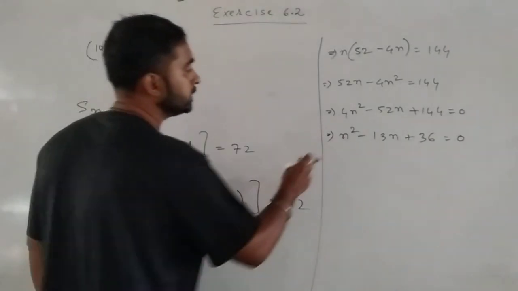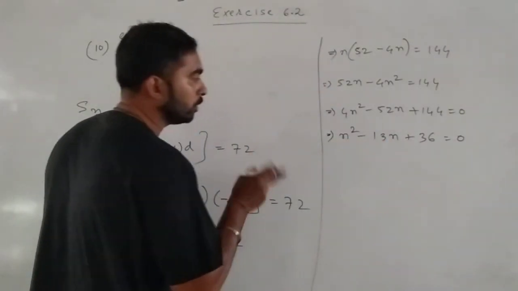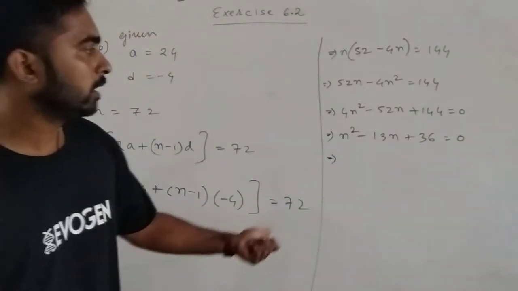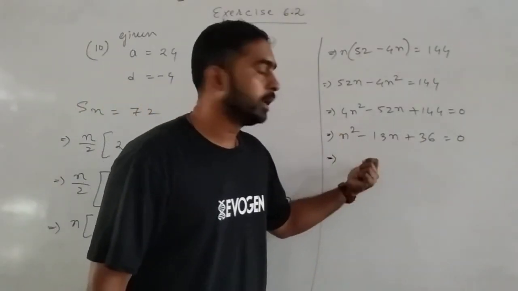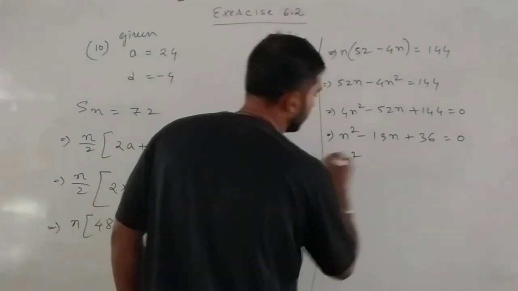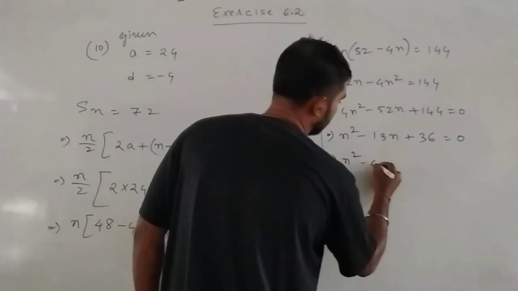Now this is a quadratic equation. Now we can solve this one by using the formula, or by middle term splitting, or by completing the square. Here the simple one is the middle term splitting.